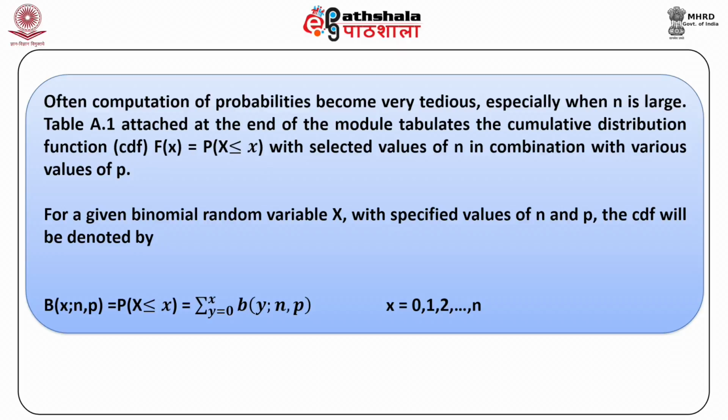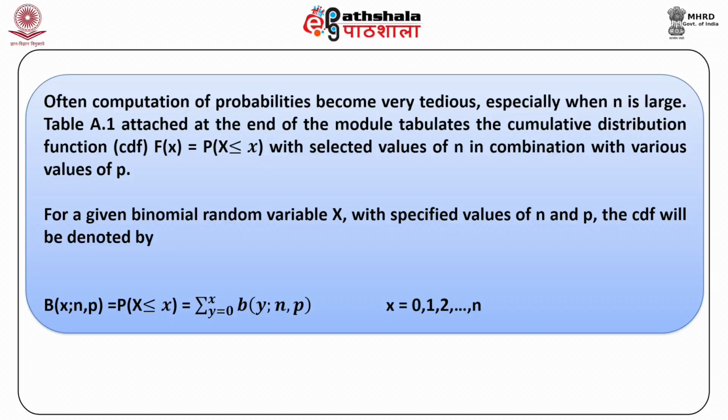For a given binomial random variable x with the specified values of n and p, the cumulative distribution function will be denoted by capital B with variate x and n and p as the parameters, and is defined to be equal to probability that capital X is less than or equal to small x.